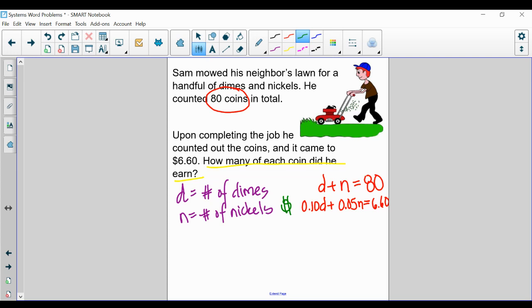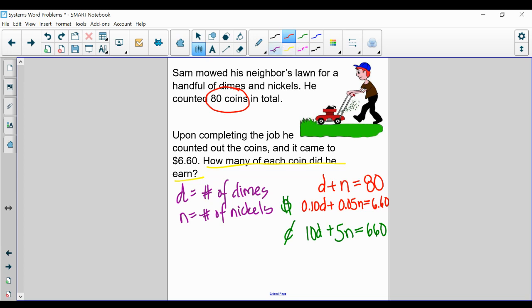But what if I wanted to write everything in terms of cents? Because that would get rid of my decimals. So you could also write this second equation as 10D, because 10 cents for a dime, plus 5N, because I have 5 cents for a nickel, equals, now my $6.60, I want to write that in terms of cents. So I know that's going to be a total of 660 cents.